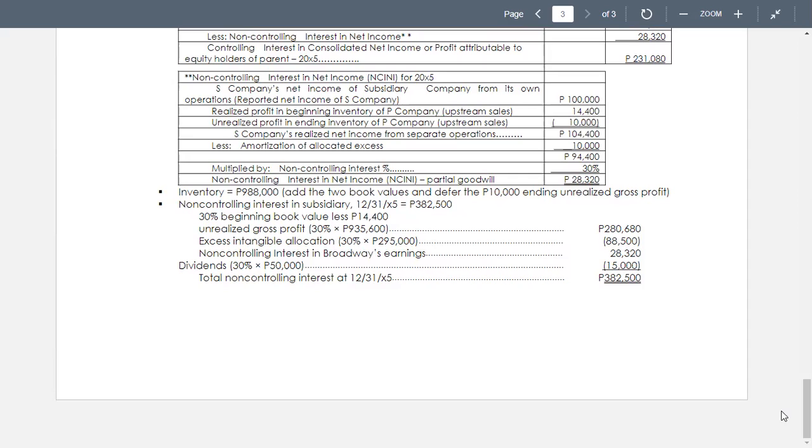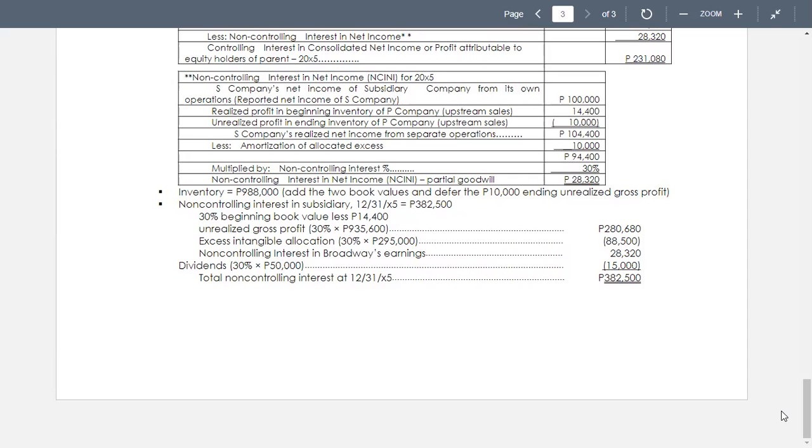Number 5. How about the gross profit? The gross profit is sales in number 2 of 1,240,000, and then we deduct the cost of goods sold of 548,000.